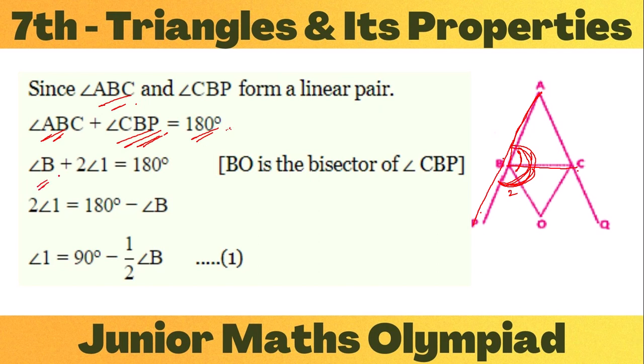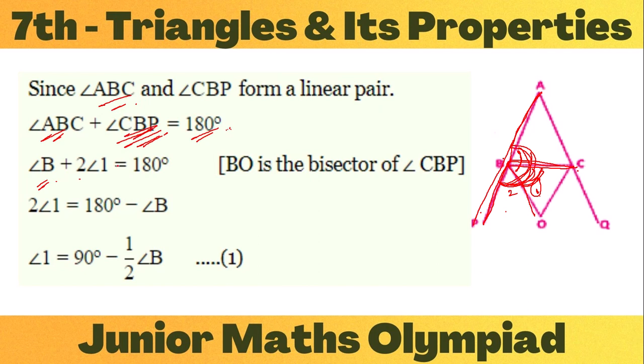Next, suppose if you take this angle as 1, because BO is the bisector, this CBP will be 2 times of 1.